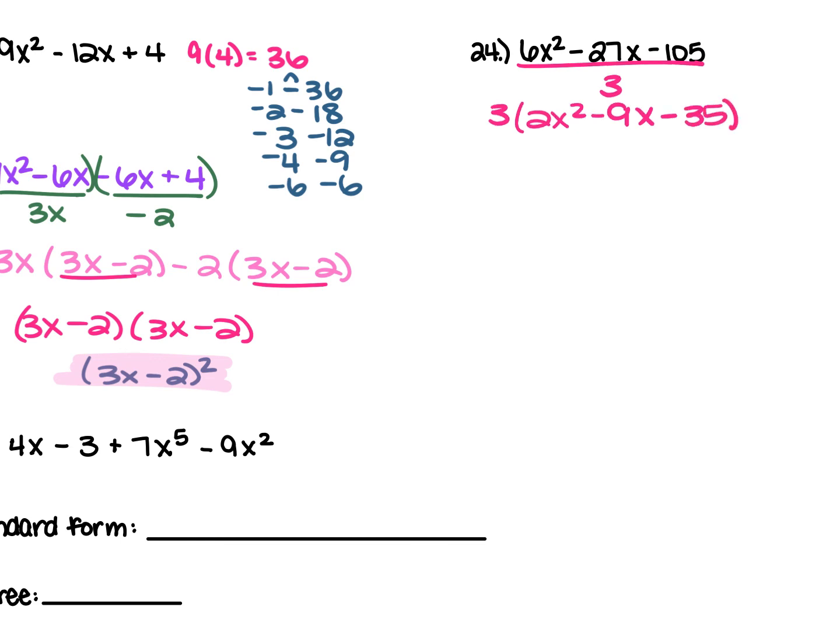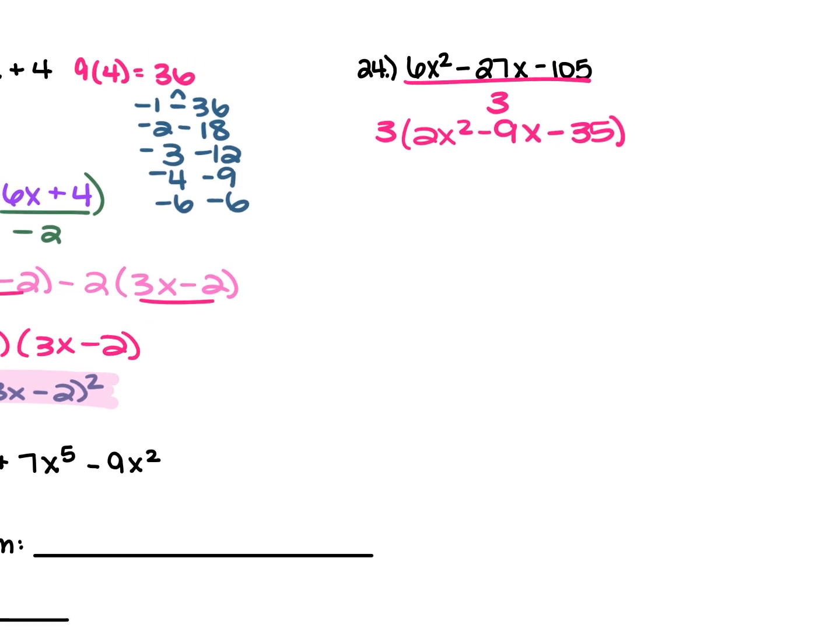From here, you need to check to see if you can factor this fully. The 2 times the negative 35 gives us negative 70. Check your factors of negative 70 that add up to be negative 9.